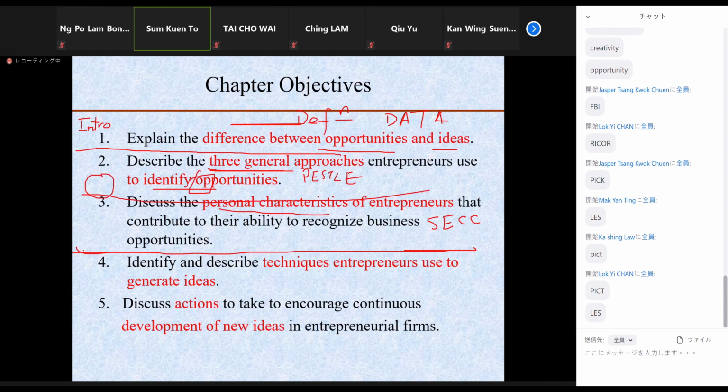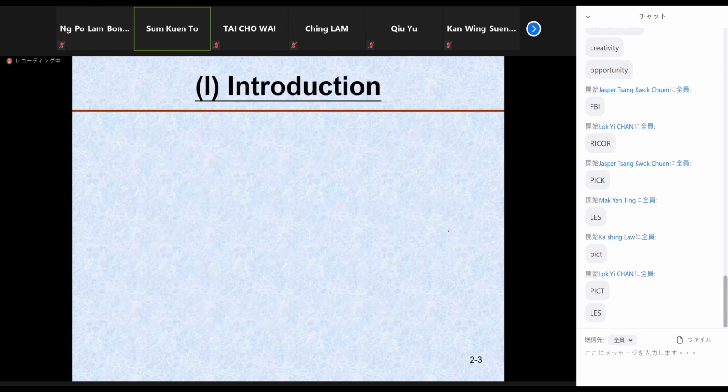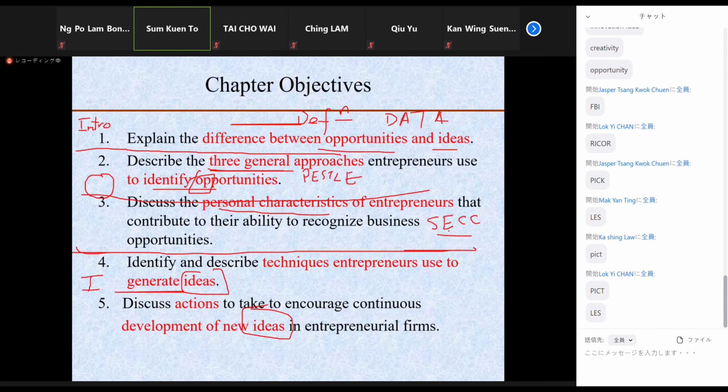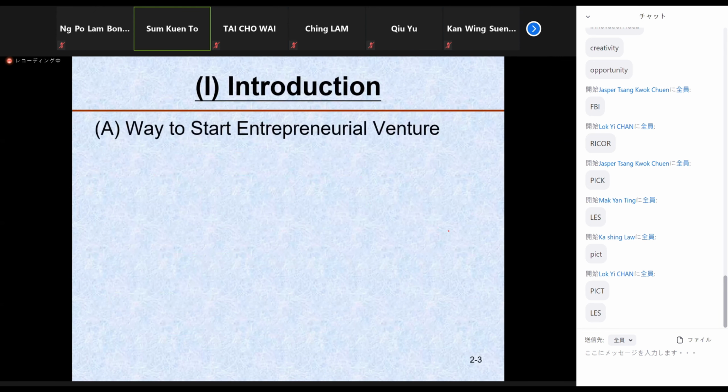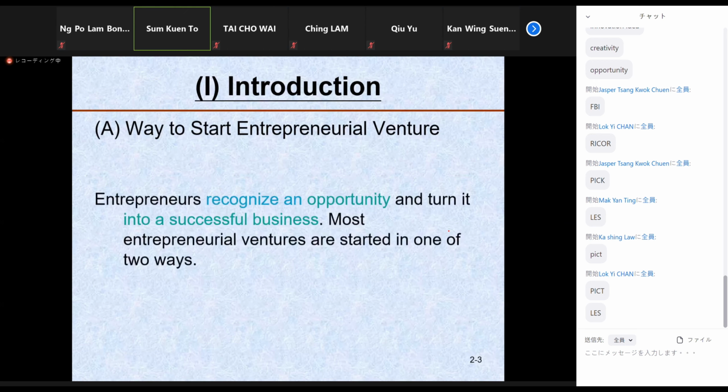And then item 4 and 5 are idea. But in between, we also talk about SECC. So somehow these are the so-called topics. Okay, so I will finish item 1 and then I will give you a break later on. Okay, so first of all, definition, introduction. Okay, ways to start an entrepreneurial venture.